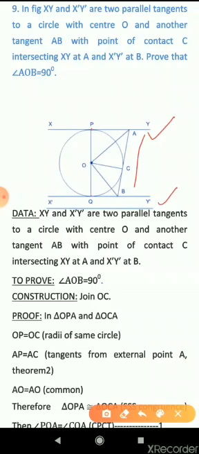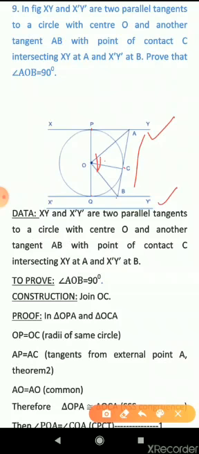Because this line touches the circle at one point, that point of contact is C. This tangent touches the parallel tangent XY at point A, and the same tangent touches the other tangent X dash Y dash at point B. So here we have to prove this angle AOB is equal to 90 degrees.